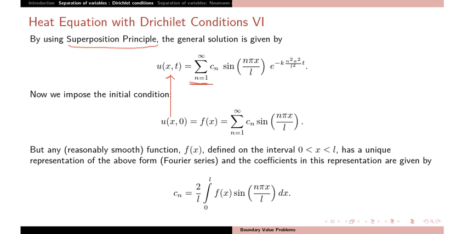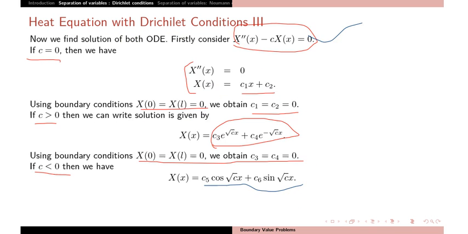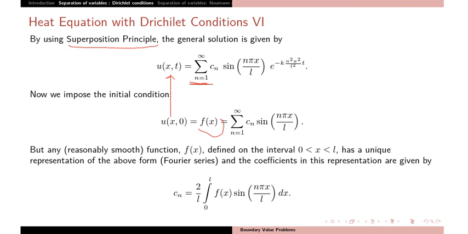The solution is given as f(x), or phi(x). Sorry, I wrote phi(x) previously, so just write phi(x). This is given: phi(x) equals the sum of C_n sin(n pi x by L). At t equal to 0, the exponential will be 1.